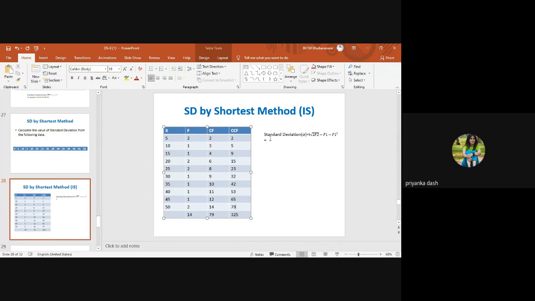So what is the common factor here? 5. Then after you proceed the square of what is the value of F2?